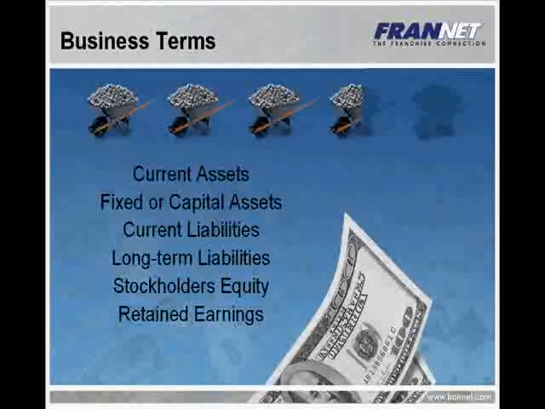So current assets, those things that should turn into cash within the normal course of doing business in a reasonable amount of time. Fixed or capital assets, those things which we do not expect to be turning into cash right away. You also have current liabilities.